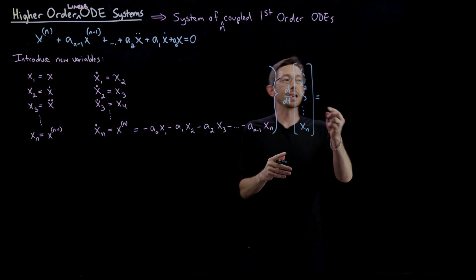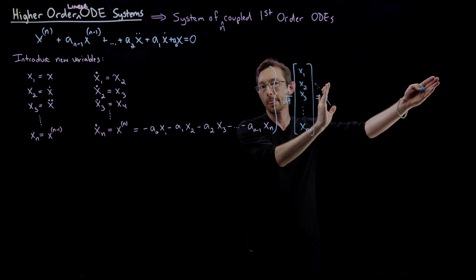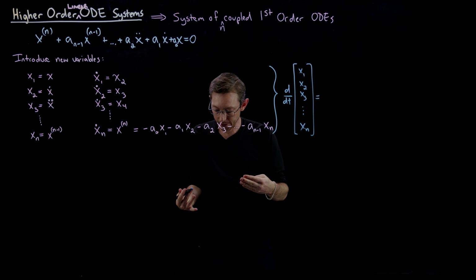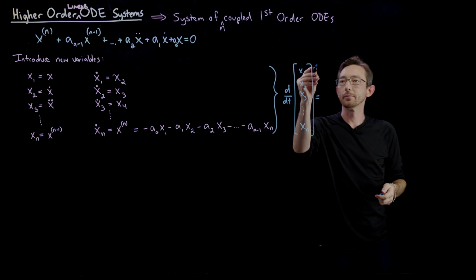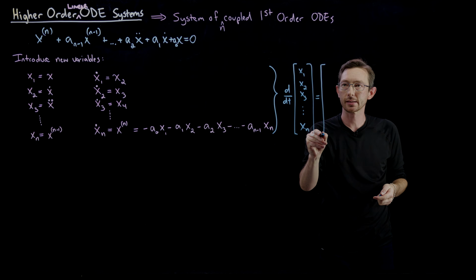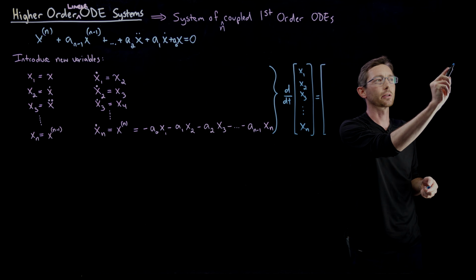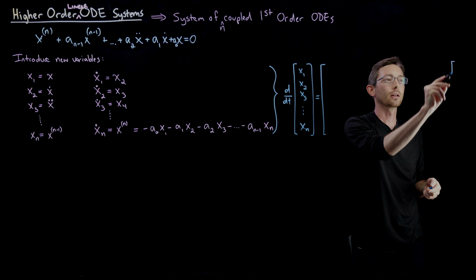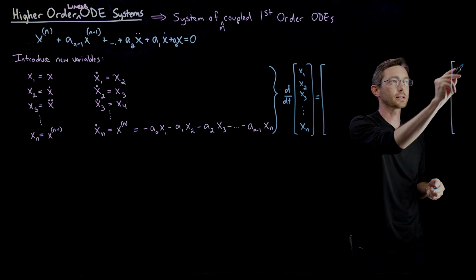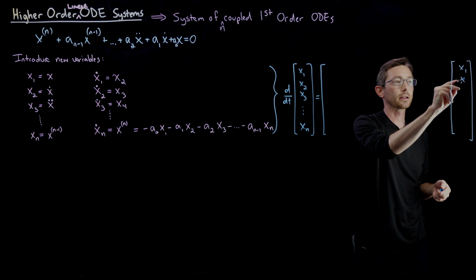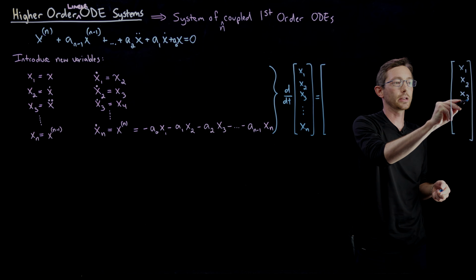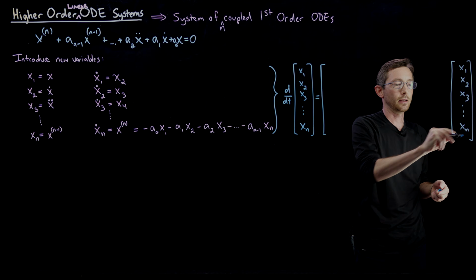This is going to be a big matrix times my vector x1, x2, x3, all the way to xn.